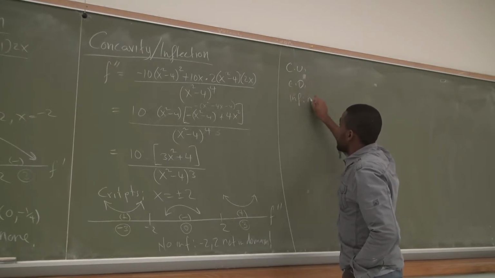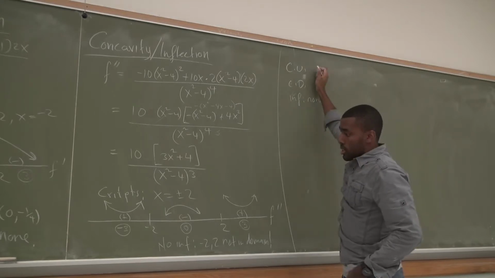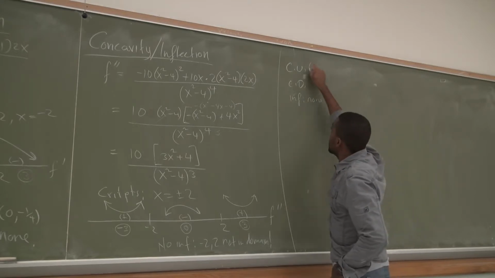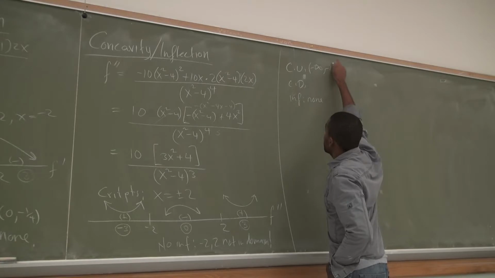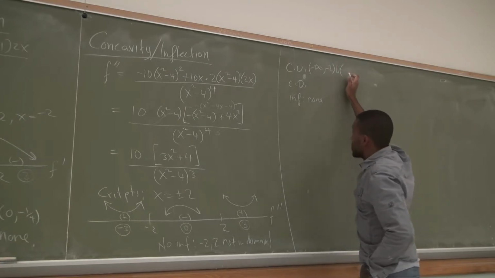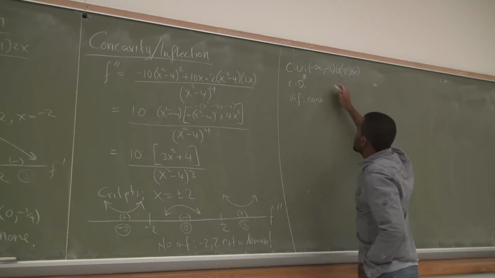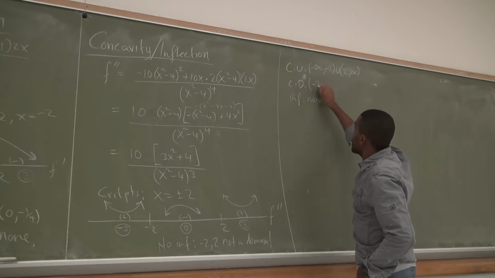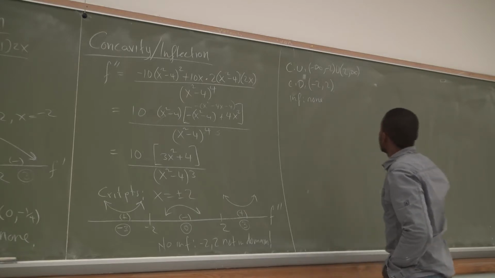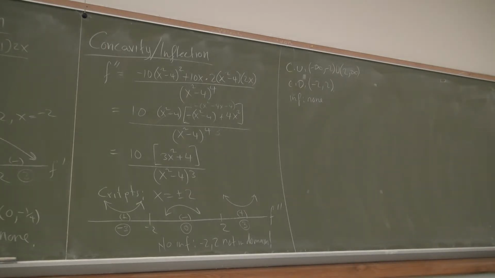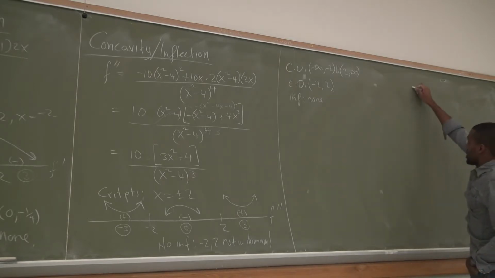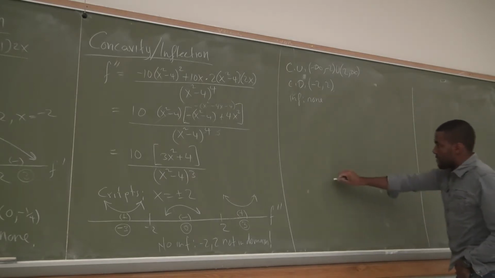For inflection, we know there's none. It's concave up from minus infinity to minus 2, and also 2 to infinity. It's concave down between minus 2 and 2. That's everything. Now let's figure out what this guy looks like.